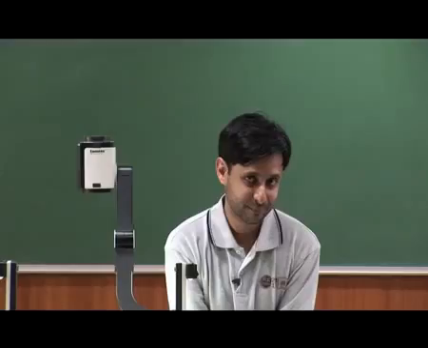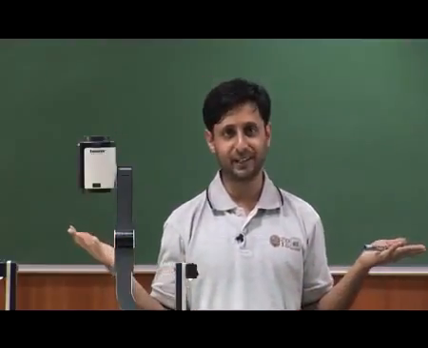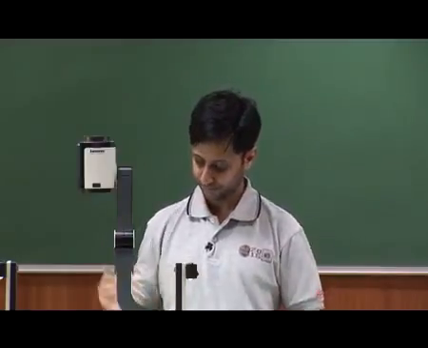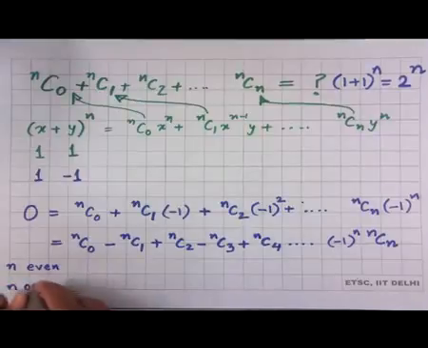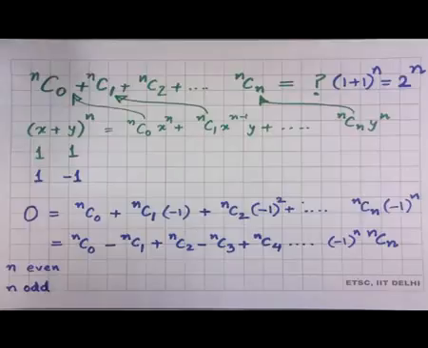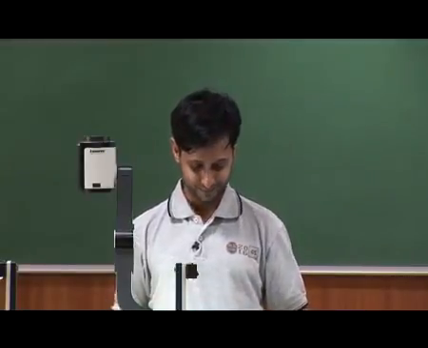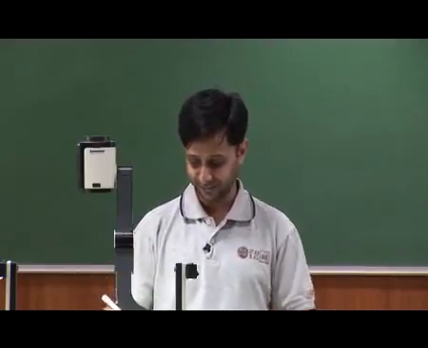Is that okay? This is fine? Okay. So, there are of course two cases over here. One case is when n is even, the other case is when n is odd. So, let us quickly think about them very quickly, right. If n is even, let us do it all the way till 2n, right. 2n is always even.